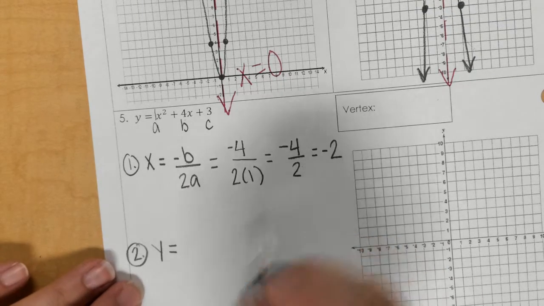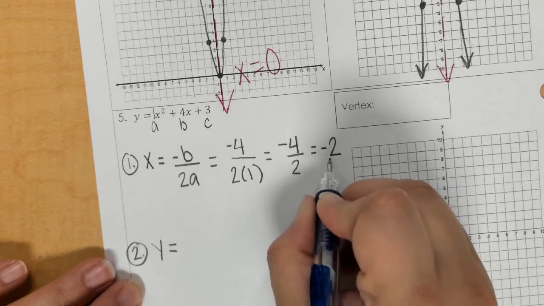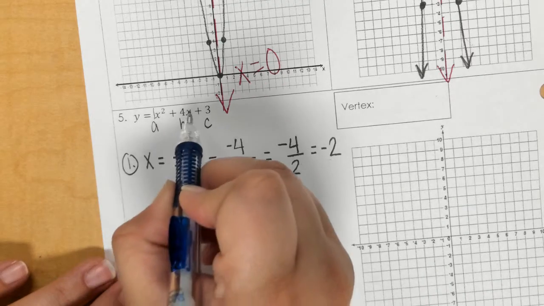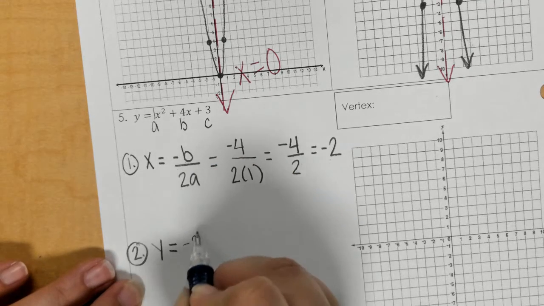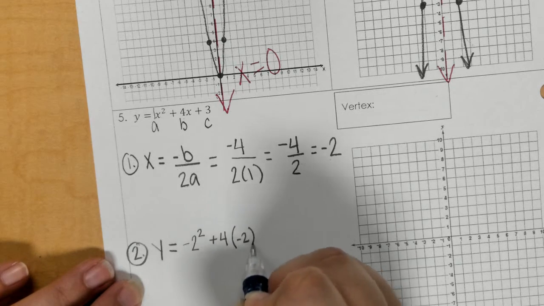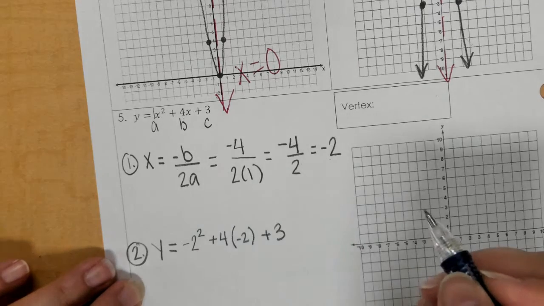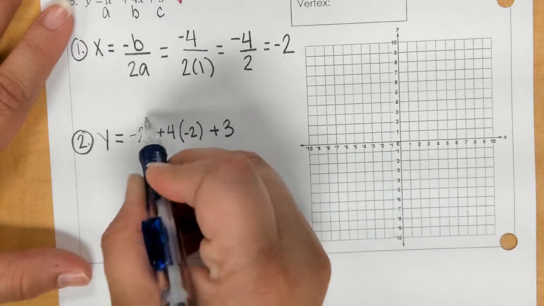All right, now we take the negative 2 and we plug it into the x right here. So we have negative 2 squared plus 4 times negative 2 plus 3. So first, I want to figure out negative 2 squared.